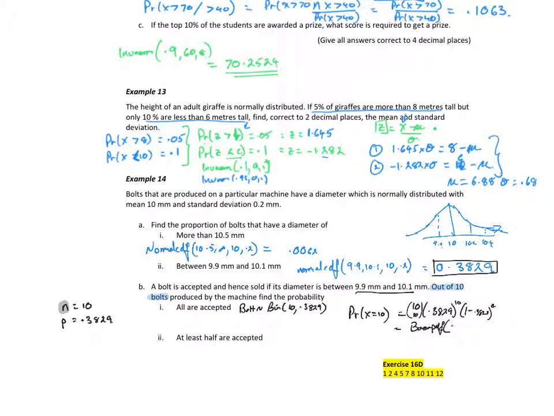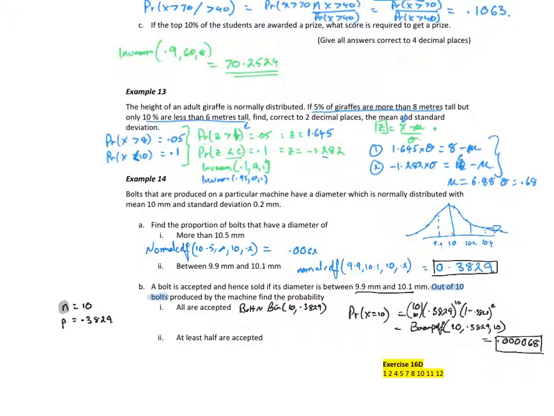What do we want? 10 trials, 0.3829, and 10 successes, which is equal to, to 4 decimal places, 0.000068. So it's unlikely all 10 are going to be accepted.